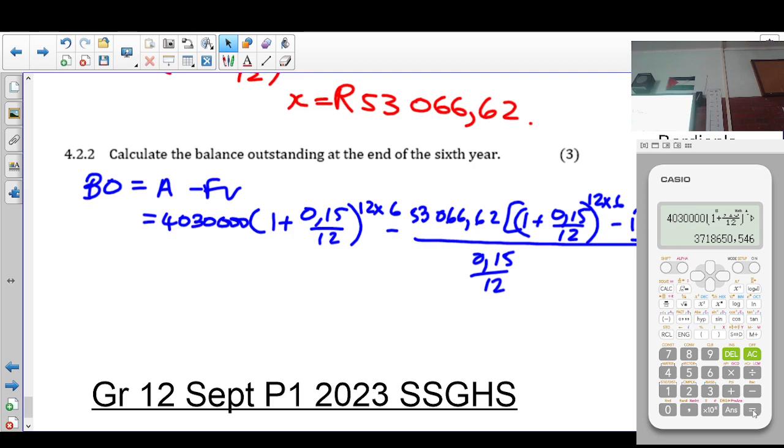This gives you 3,718,650 Rand and 55 cents. Correct? It's correct, yes, according to my previous calculation as well. 3,718,650 Rand and 55 cents.